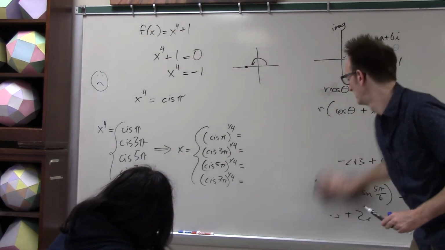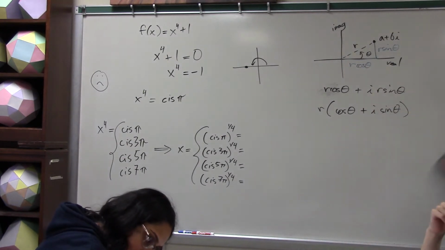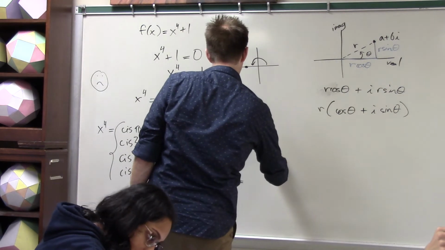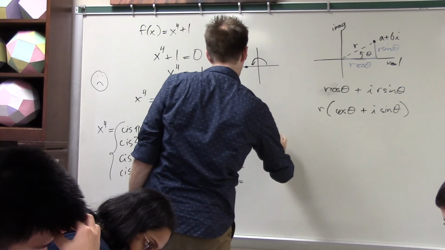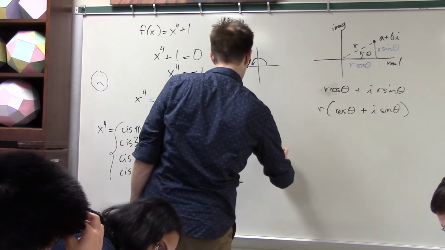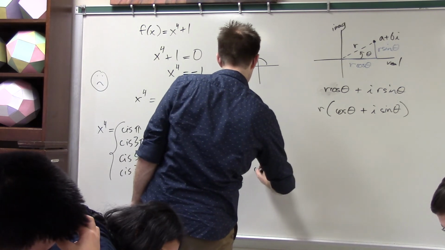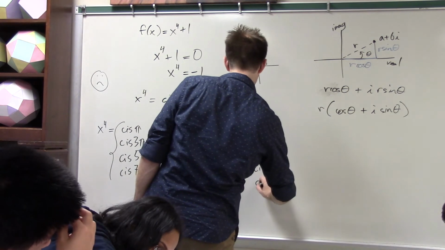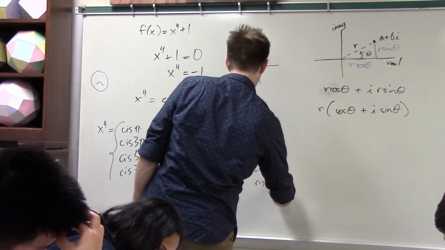It's just cis pi over 4, cis 3 pi over 4. It's 1 to the 1/4, and then it's cis pi over 4, and then cis 3 pi over 4. Is this starting to come back? No. 5 pi over 4, cis 7 pi over 4.